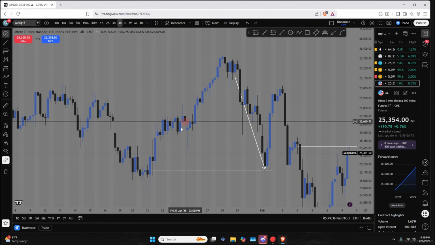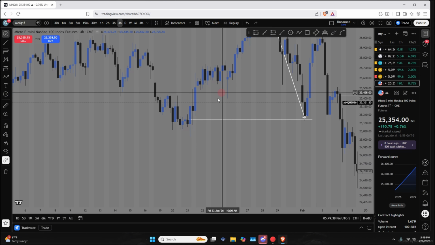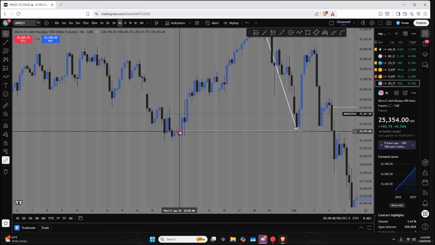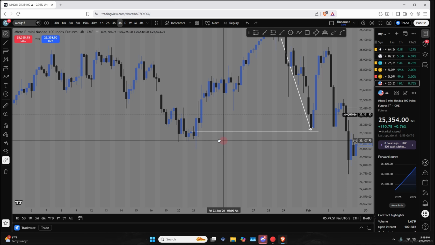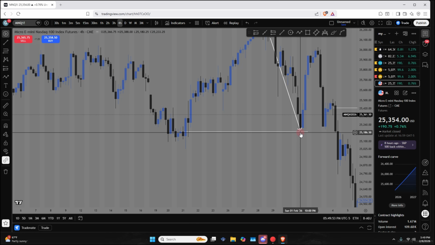So if you're trying to look for a bullish move to the upside, you will look for a previous bearish candle, or you would just look for the opening range of a bullish candle if we were to come down some more. So let's say this wick didn't stop right here at this bearish opening.